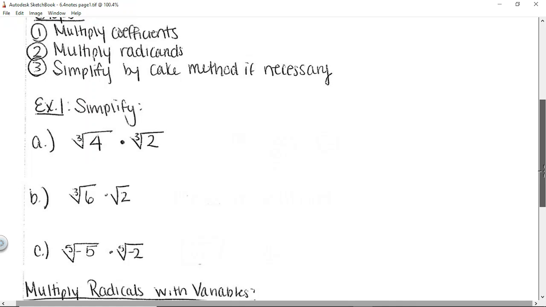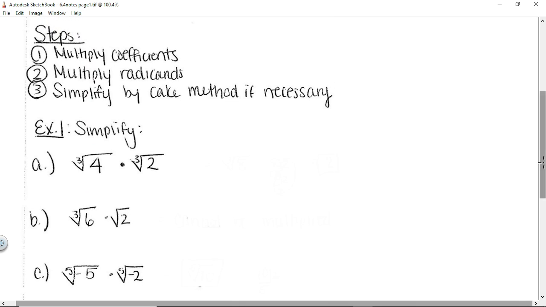So let's go ahead and do these real quickly. Simplify this. The index is the same on this one. There's nothing outside, so we multiply the radicands. Inside we get 4 times 2, which is 8.